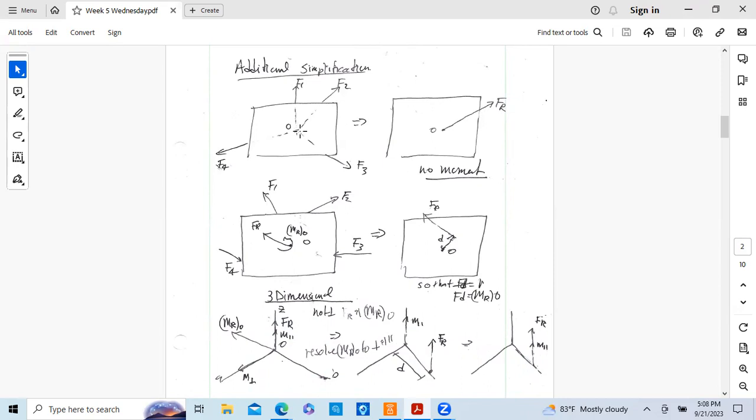They all have a common point of intersection at point O. And what we found with problems, we can add all of these vectors together, these forces, F1, F2, F3, F4, and come up with a resultant that would be acting at the center at some angle. So in terms of simplifying, we can simplify this 4-force system into a single resultant force. No moment, it's not going to create a moment. And so we go from 4 forces to 1 force.